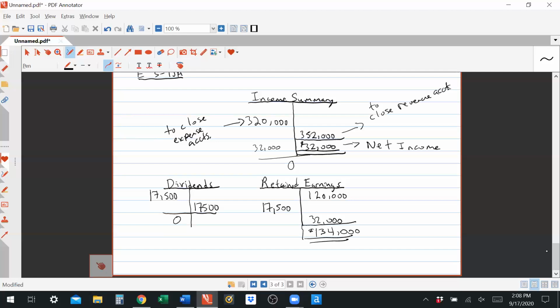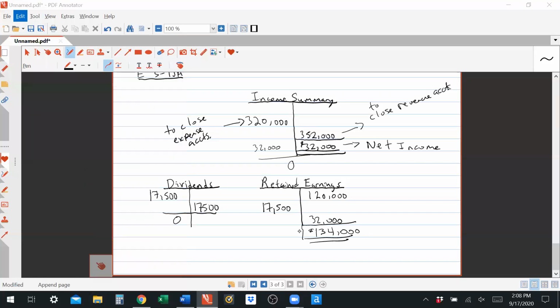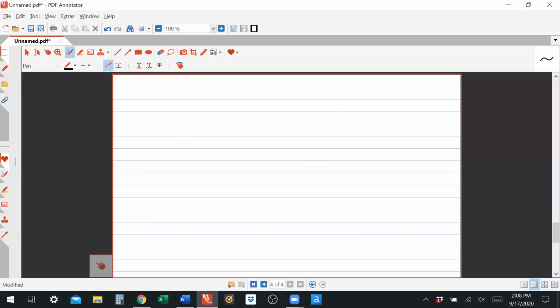So the journal entries we had to make to complete the closing process were two journal entries. Credit dividends, debit retained earnings, debit income summary, credit retained earnings. So again, debit retained earnings, credit dividends.